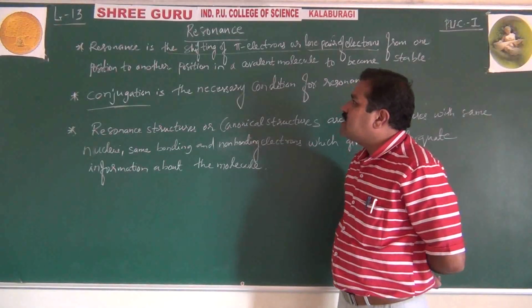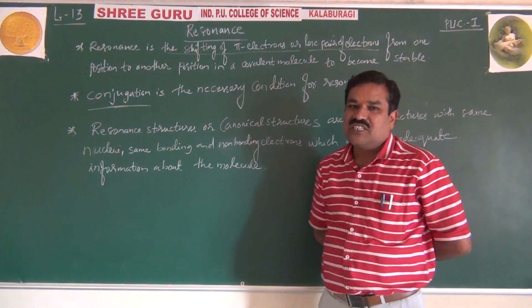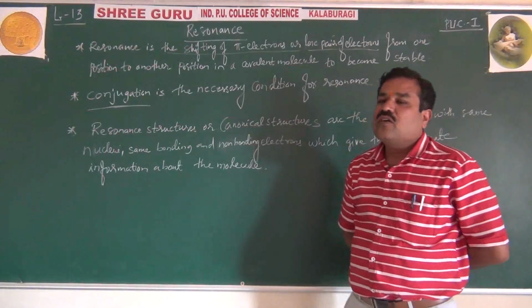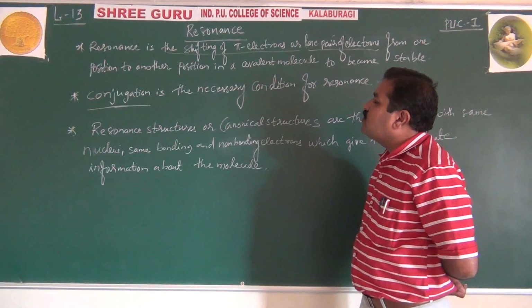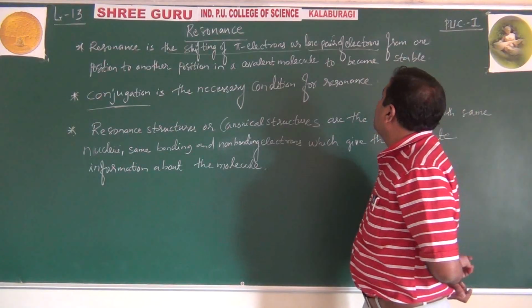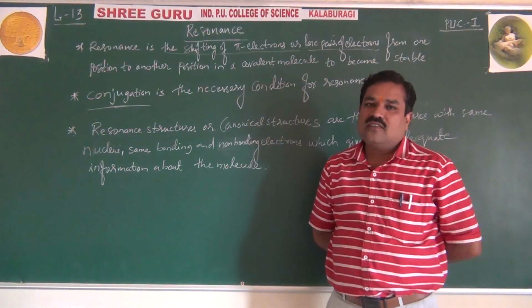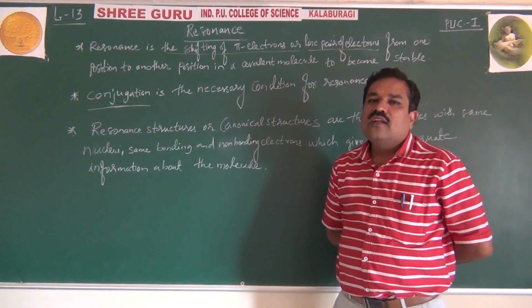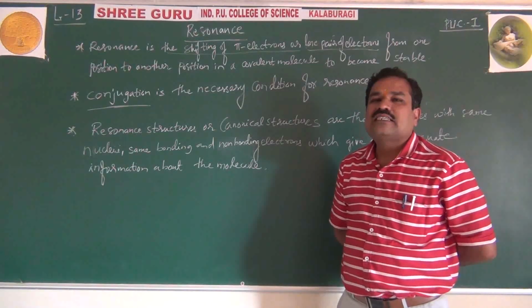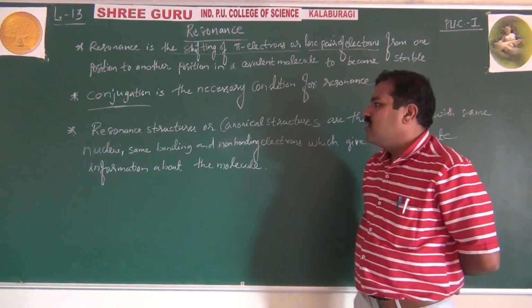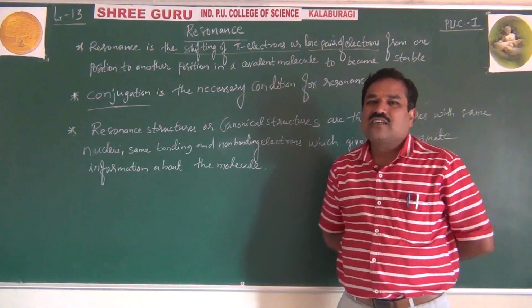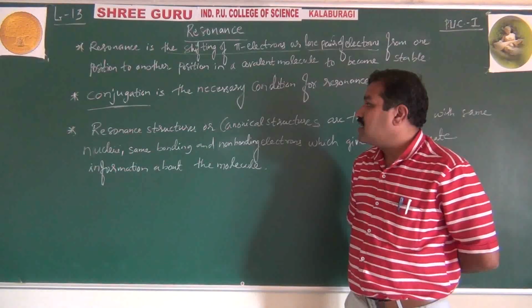Accordingly, resonance is the shifting or delocalization, or movement of pi or lone pair of electrons from one position to another position in a covalent molecule to become stable. For resonance it is compulsory that the compound should contain alternate single and double bonds, whether inorganic or organic. Whatever resultant structures there are, they are called resonance structures or canonical structures.